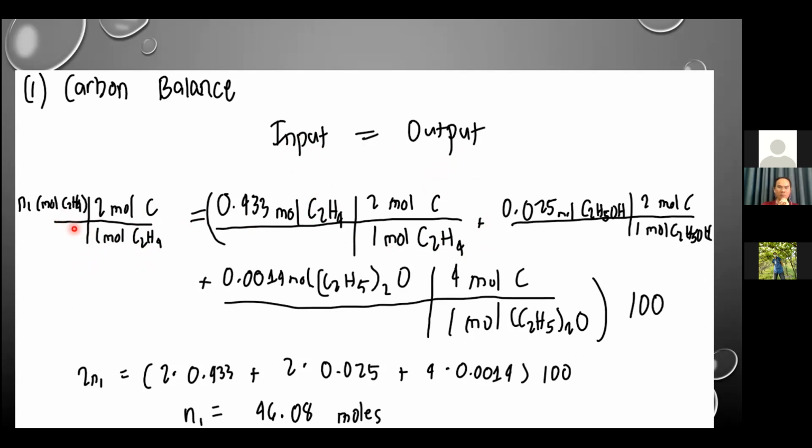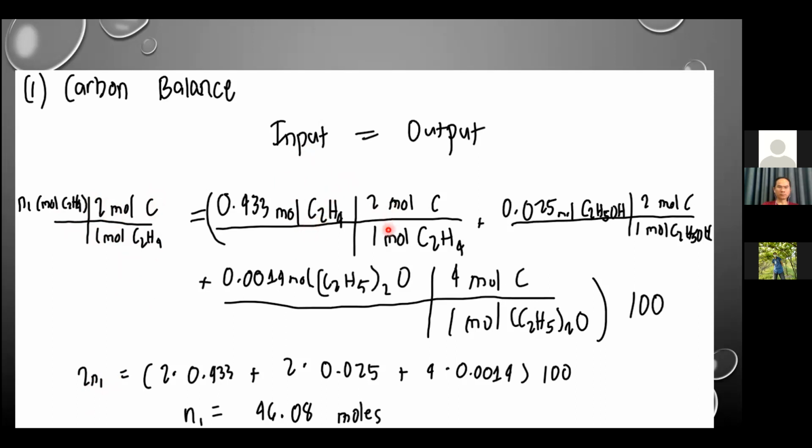Since we're using the atomic species balance, we must also consider the amount of each element. In the input, in C2H4, ethylene, in every 1 mole of ethylene there are 2 moles of carbon. So 2 times N1 here. And then for the output, we do the same.